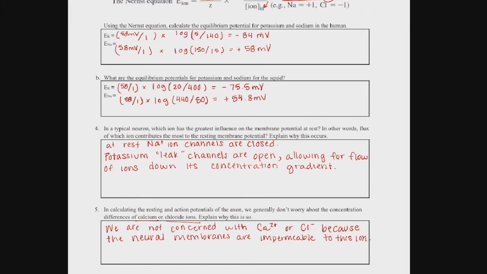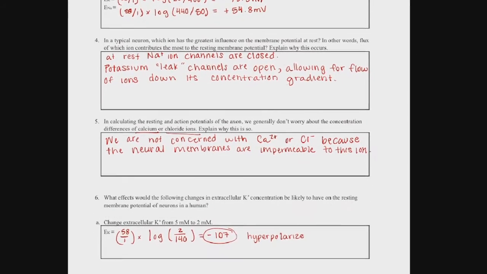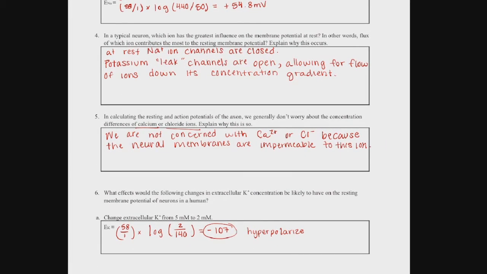Okay, so just going back to 6A, the one that we were just working on. Changing the concentration from 5 to 2 will hyperpolarize the cell. And you know how we talk about this period in between action potentials where we see the spike, but then we have this little point where there's no ability for an action potential to happen again because it's hyperpolarized.